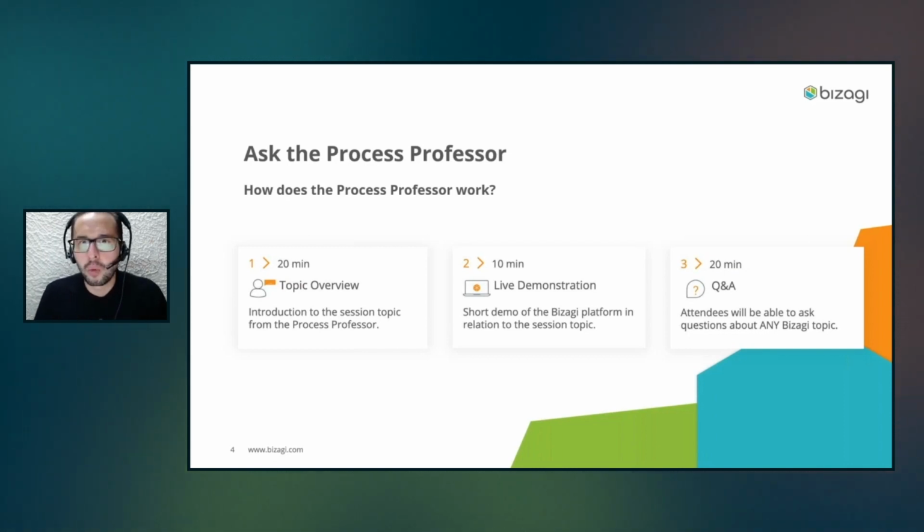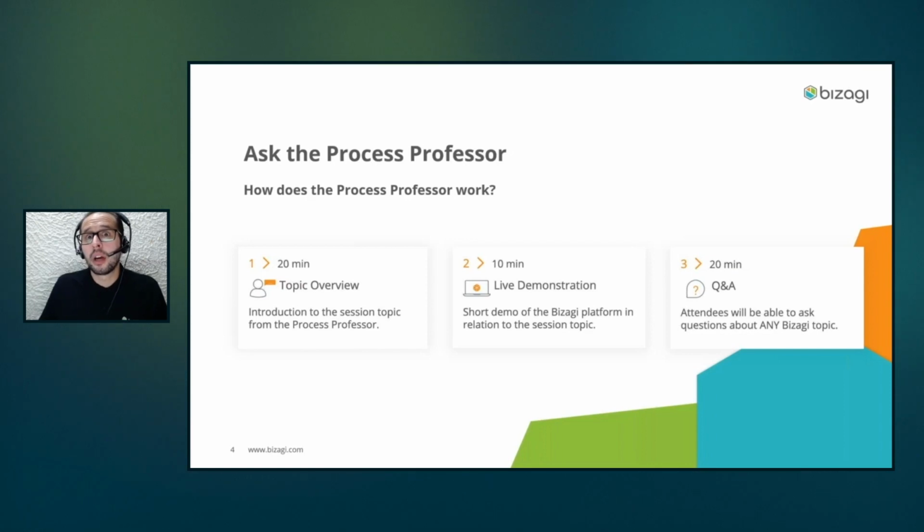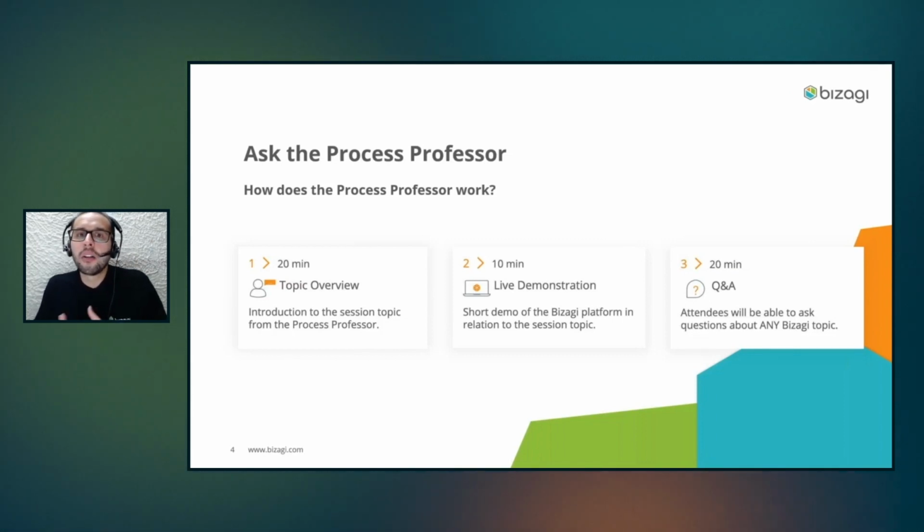Maybe some trends that we have identified in the market, maybe a new feature in the product, maybe a new version, or maybe something that would allow you to improve what you do on a daily basis in your organization, right? Then I will always try to show you how everything that I say from a theoretical point of view, we are able to do and deliver using our product. So that's why we always have demonstrations of our products.